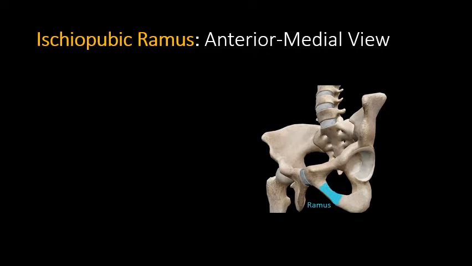The ischiopubic ramus. So as I've pointed out, a ramus is a portion of bone. So it's the section between, and I'm just going to use my highlighting again, bear with me. So we said that this is our pubis. And I think I used green for the ischium. That's the portion that hurts after you've been riding a bicycle for a while.